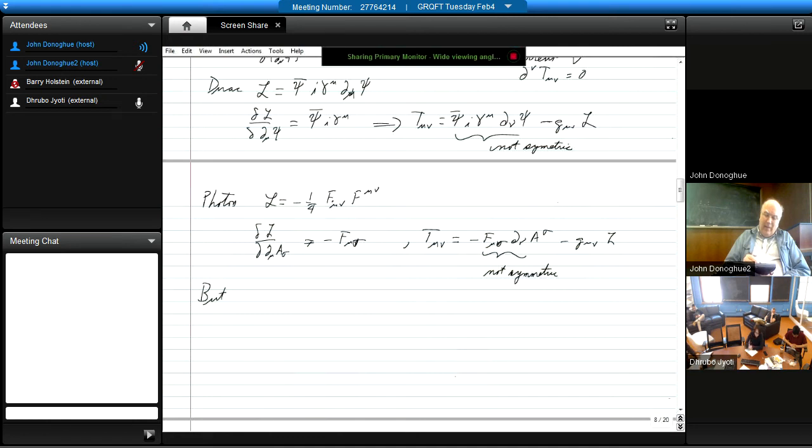Okay. But in GR, you clearly get T mu nu is 2 over square root of g, variation of the action with respect to g mu nu. That's obviously symmetric.